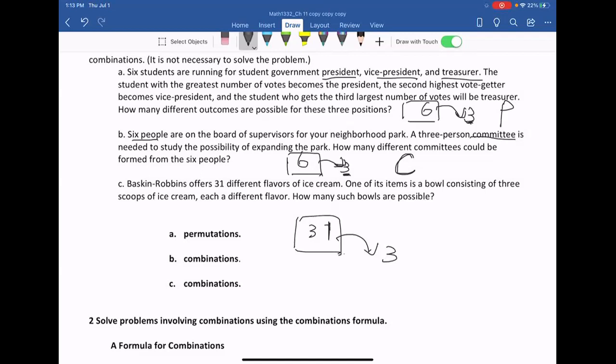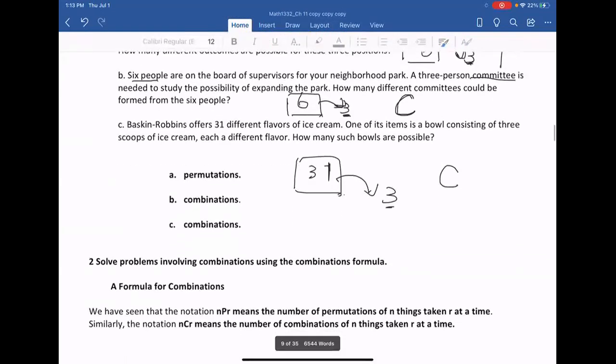Another question to ask: do you mind which flavor goes first in your bowl? Most people will not care about which one comes first in the bowl. You just have 3 flavors from 31. So the order doesn't matter, and this is a combination. So now you see the difference between permutation and combination. Let's move on.